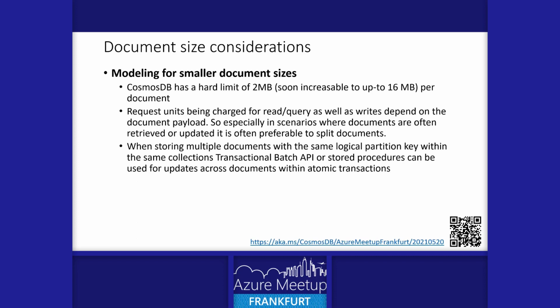You have the freedom and choice of doing both. So you have to make a decision at some point. There are, of course, trade-offs, but in general, the efficiency, both from a latency as well as a request unit charge perspective in CosmosDB, is best if your documents are smaller than 1 kilobyte. If they grow, the request charge doesn't grow linearly. It's sublinear, but it will grow with the size of your documents.